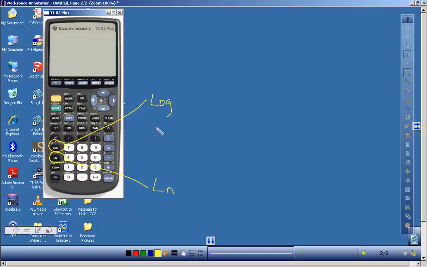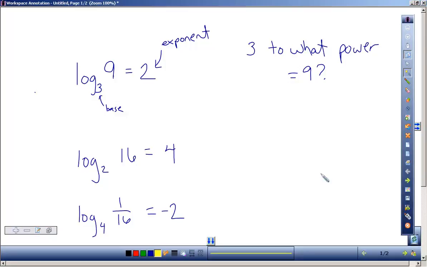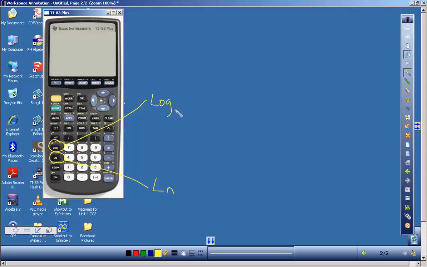These are just two specific logs. You do need to be aware that this is not just any log. This LOG with no number, notice there's no base there. All these problems over here had a number written there. Those were the base. This one does not have a base. Whenever you see the word log and there is no base, this is what we call the common log.